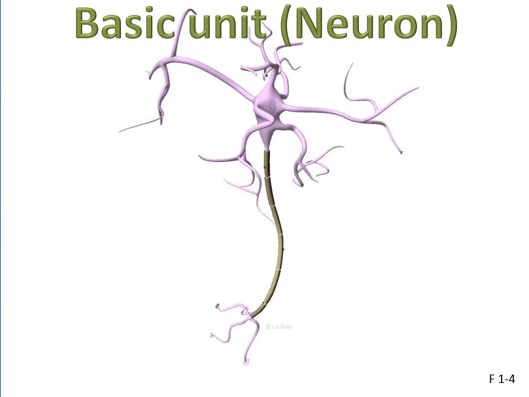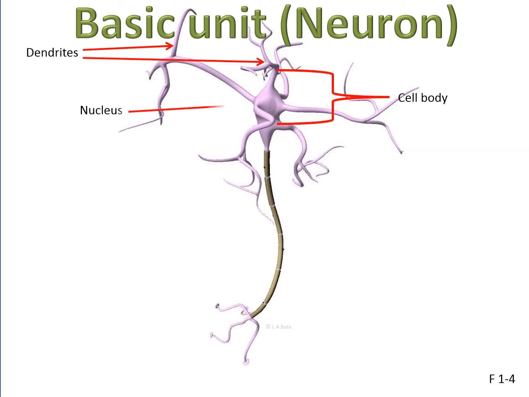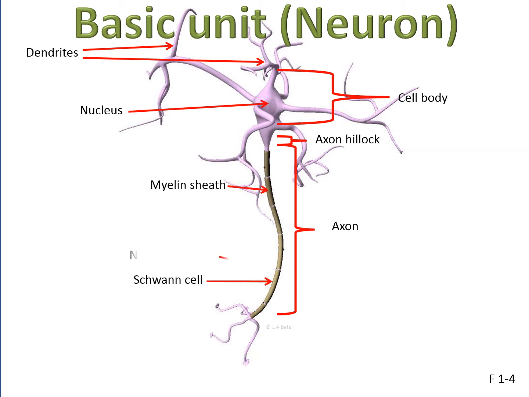The basic unit of the central nervous system is the neuron. Here you can see the static image of a generic neuron with all its components: the dendrites, the cell body, the axon hillock, and the axon with its myelin sheath, and the presynaptic terminals.